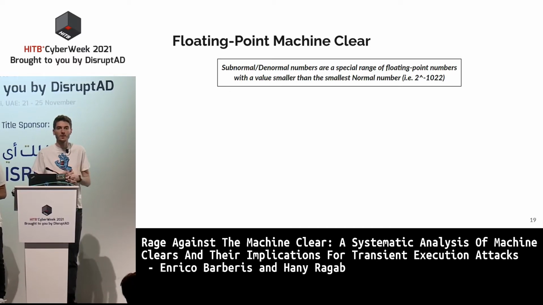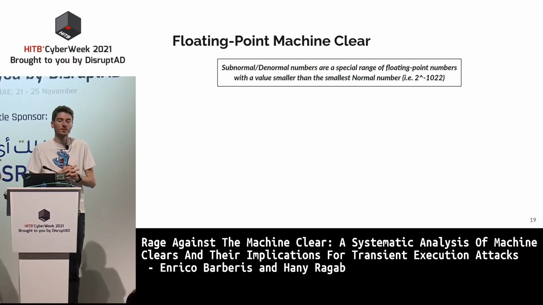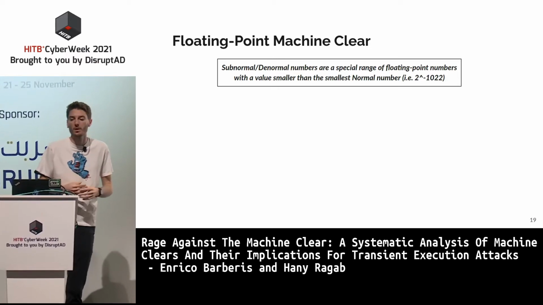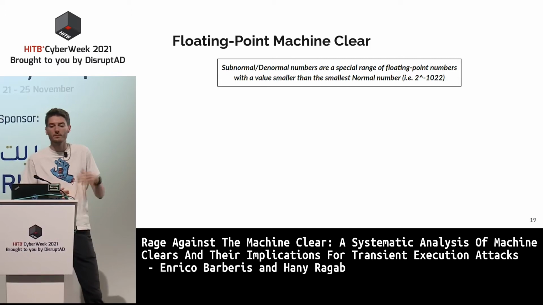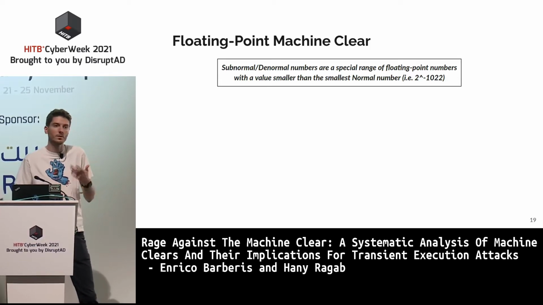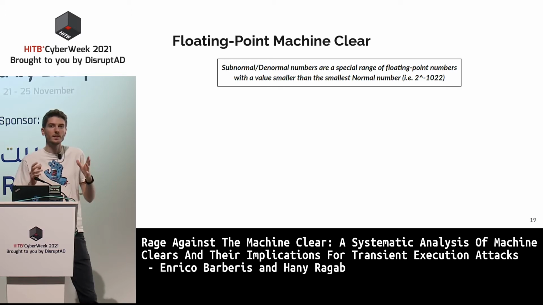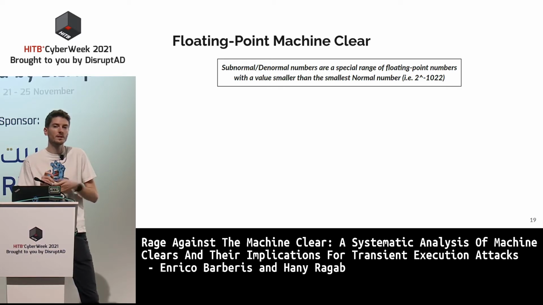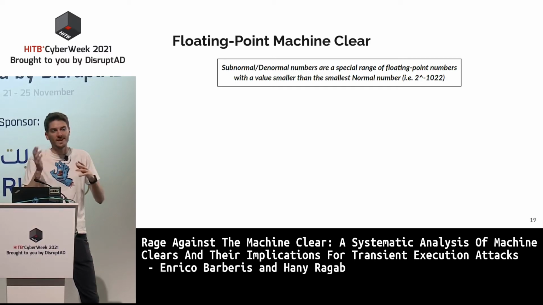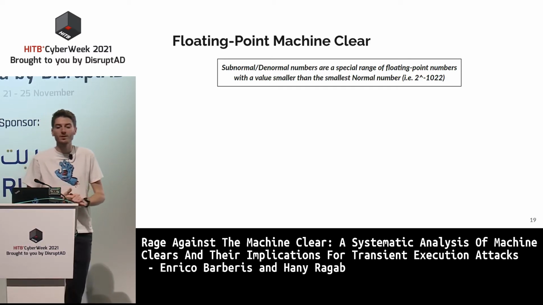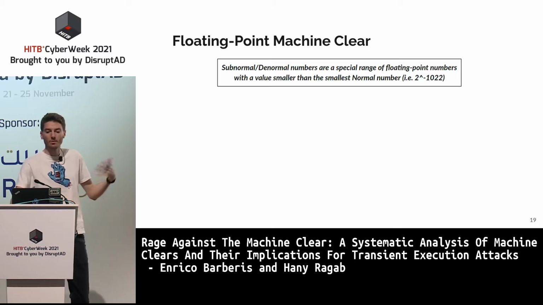For example, for the double floating point representation, every number below 2 to the power of minus 1022 will be a subnormal number. But to keep it simple, let's say that in the IEEE standard for floating point, they decided to create a special and complicated representation of small numbers. And there will be a machine clear on this.